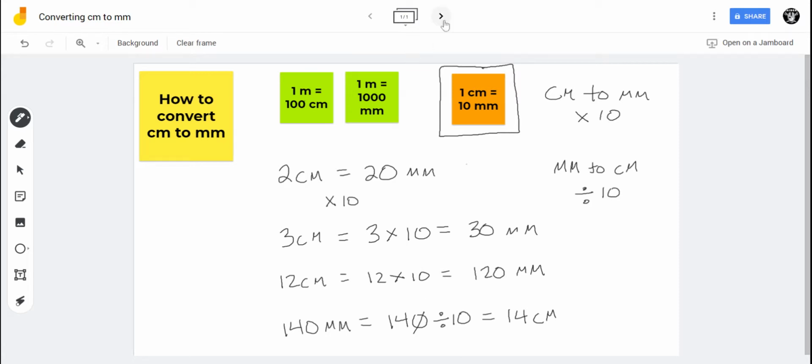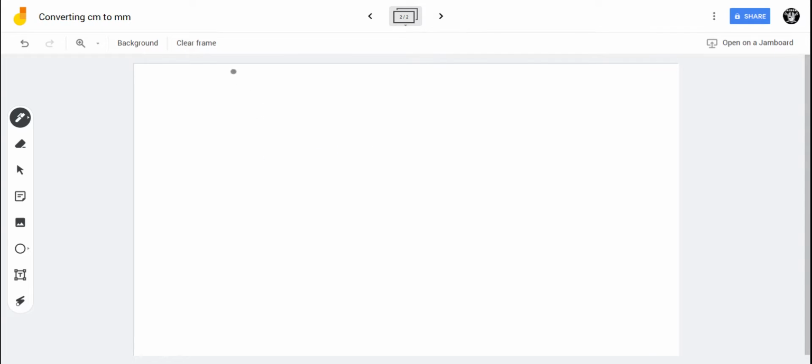Okay? So now you may end up with an even more complex problem. Let's say you had something a little more complicated, like 5 centimeters and 9 millimeters. Now, if it was 5 centimeters and 10 millimeters, that would be 6 centimeters. So it's a little bit less than 6 centimeters. But we want to know how many millimeters that would be.